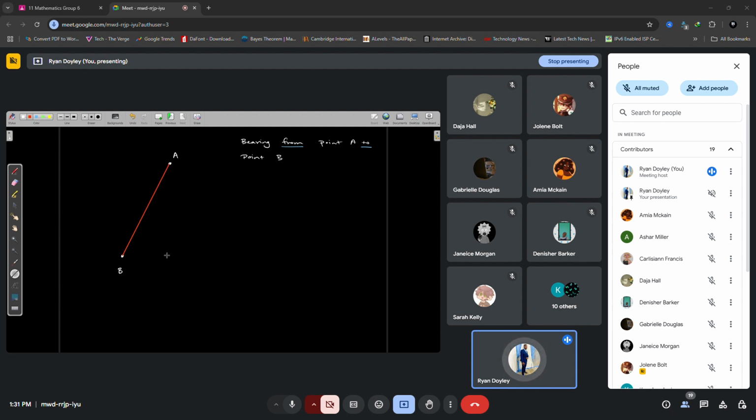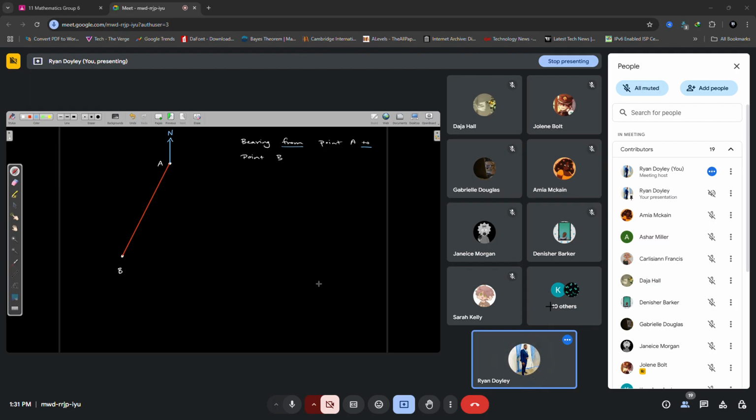So that's the connection between point A and point B, right? That's the first thing we do. Make a connection. Next, from the starting point, we need to put our north line. Always remember your north line. So that's our north line right there.